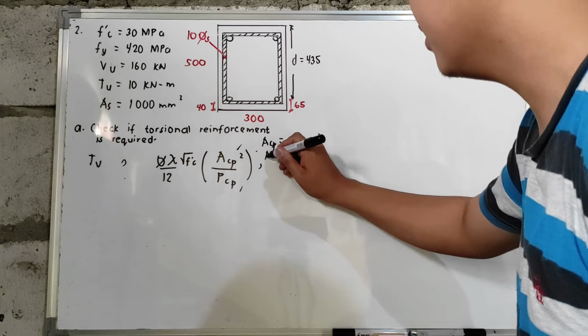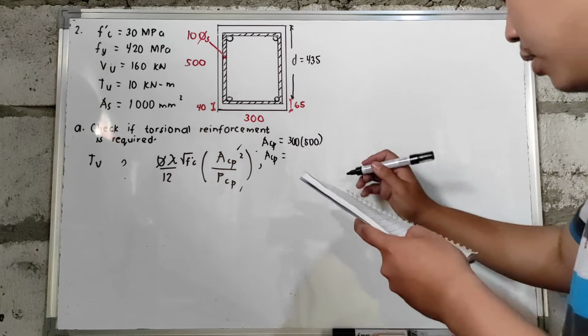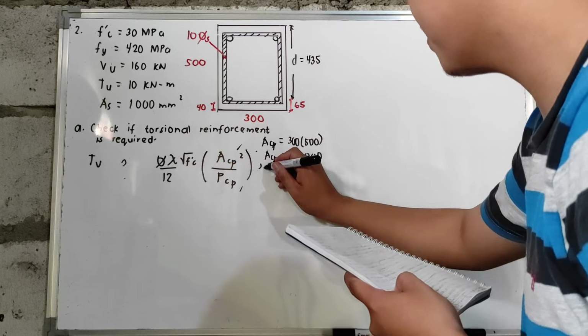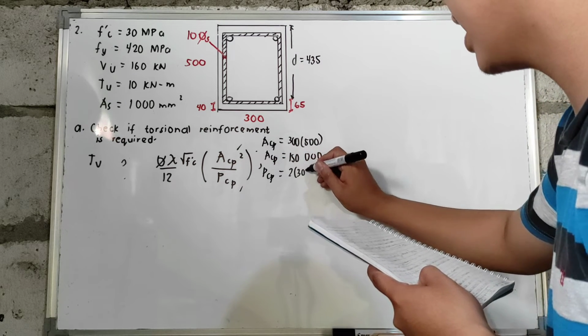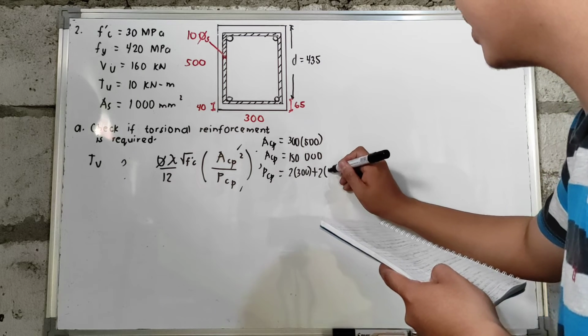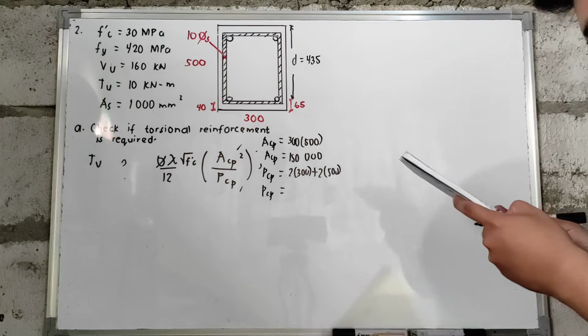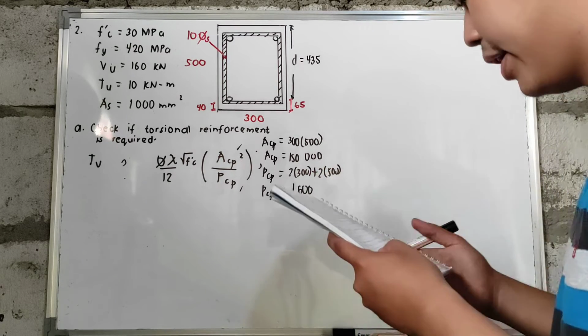So, Acp is now equal to 150,000 mm squared. How about the Pcp naman? That is the perimeter. So, meron tayong dalawang 300 plus dalawang 500. So, you have a value of your Pcp which is equal to 1,600 mm.